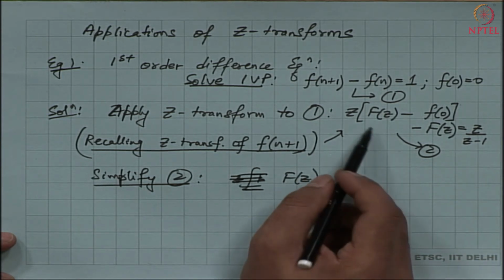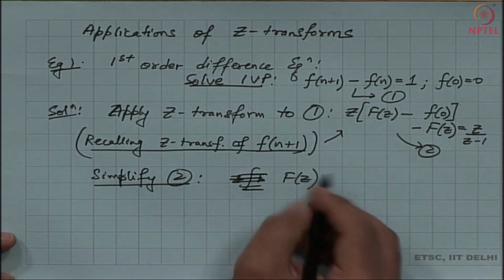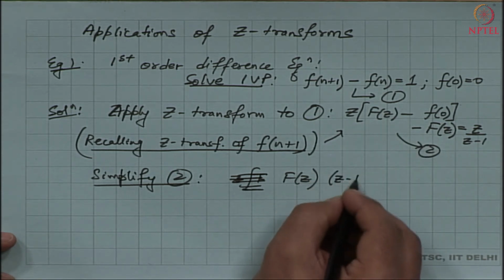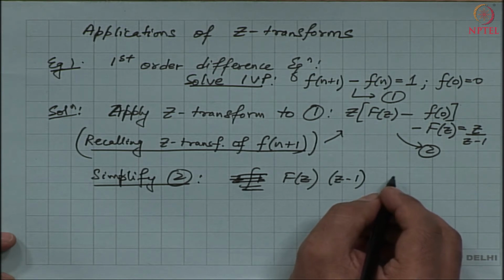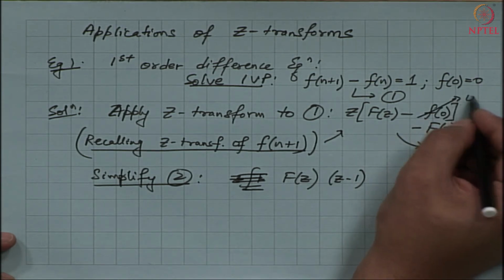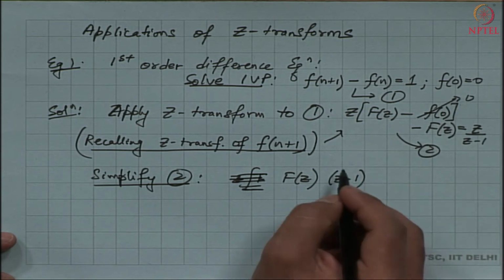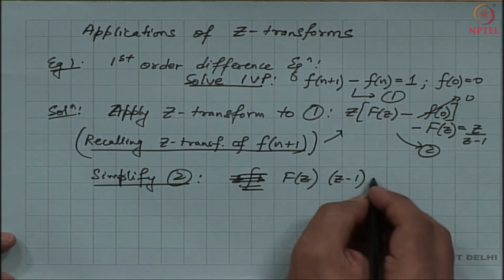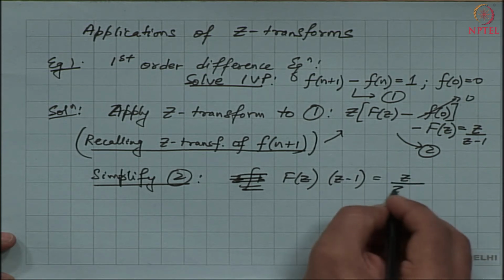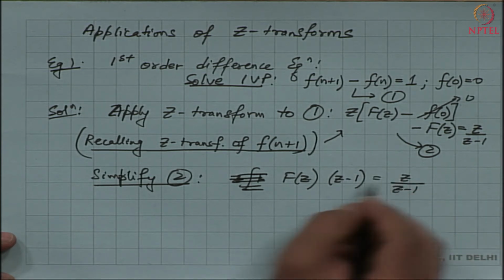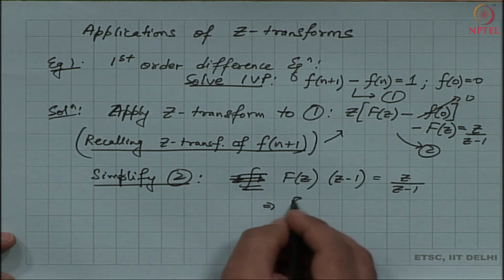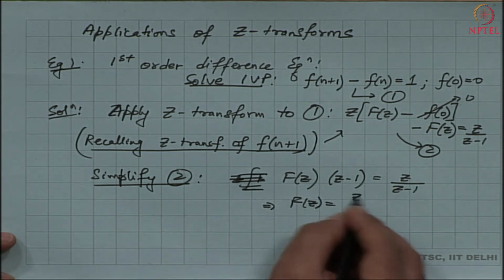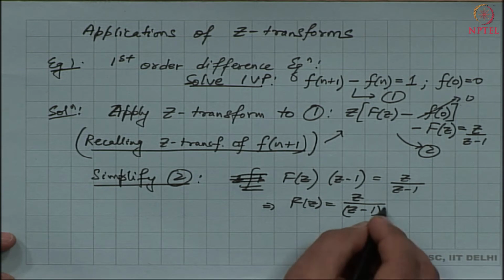Let me collect all the coefficients of F of z. F of z times z minus 1 is equal to, well, f of 0 is 0 given our initial condition, so F of z times z minus 1 is z by z minus 1 on the right hand side. So I see that F of z, the Z transform, is z by z minus 1 whole square.